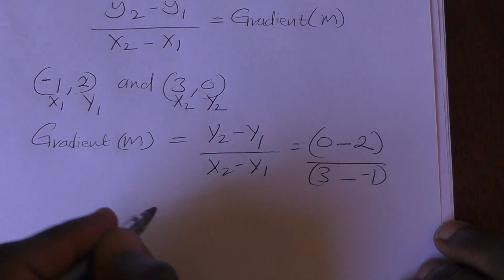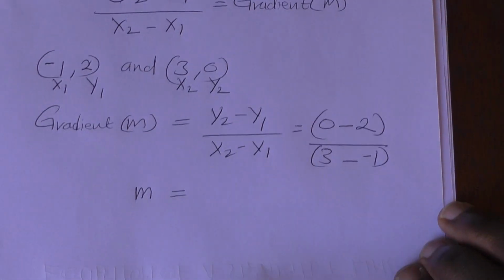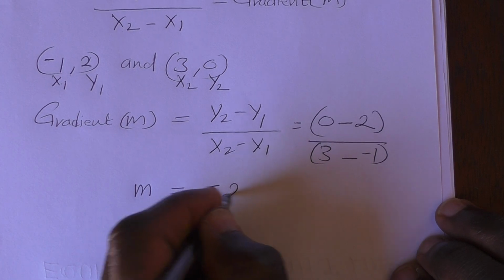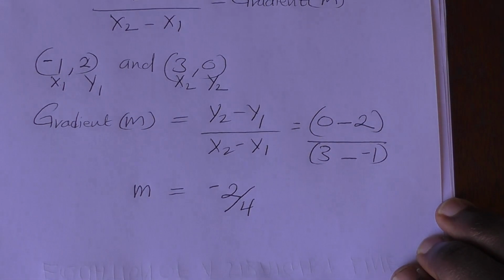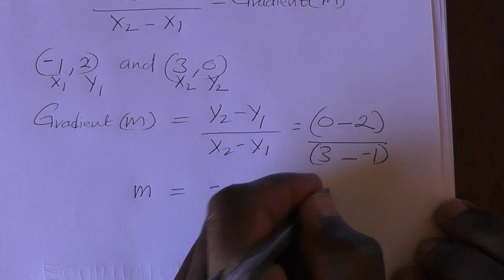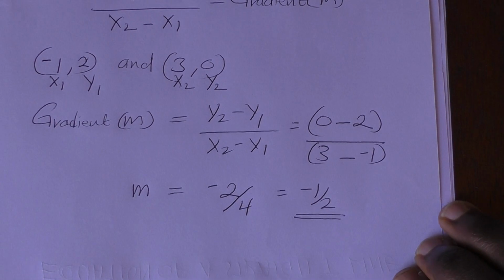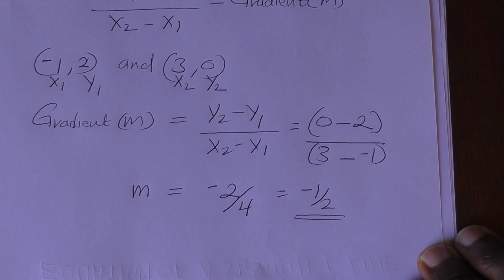Hence, we shall end up with the gradient being negative 2 over 4, which is negative a half. So that is how we shall get the gradient of the line.